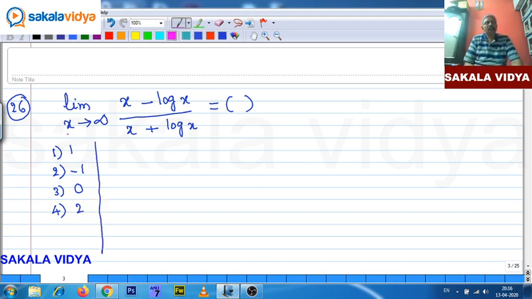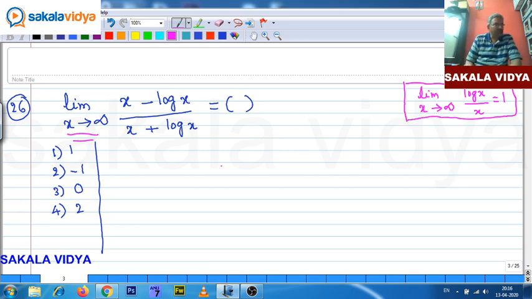Okay, limit x tends to infinity, x minus log x by x plus log x. Here see, we have limit x tends to infinity. You remember this formula, limit log x by x equals 0, or you can apply L'Hospital's rule and you will get it.